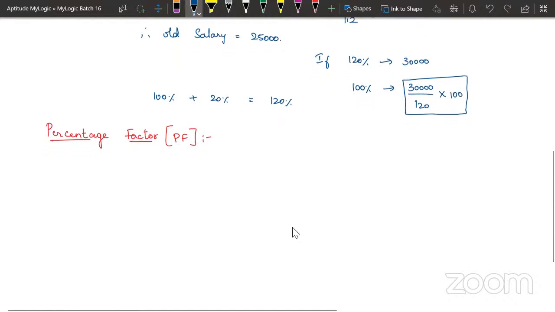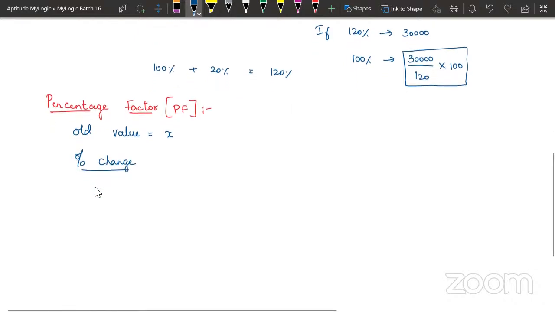Now let us assume the old value, original value is X, and there is a percentage change applied to this. Say for example, I will take percentage change as 10%. So 10% increment. We are incrementing it by 10%, maybe 10% profit, salary is getting increased by 10%, whatever. Now for 10% change, what all calculations will you have to do?